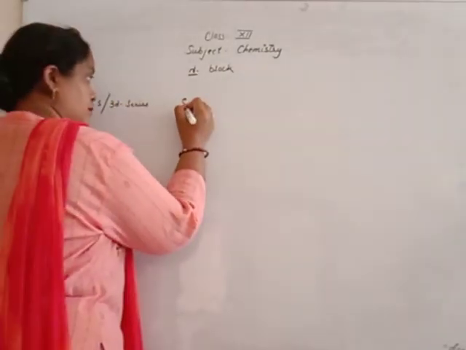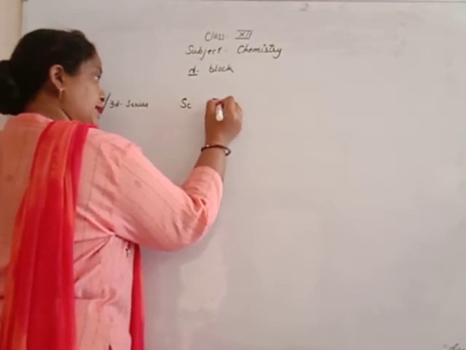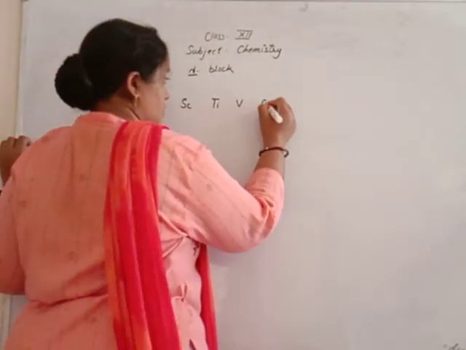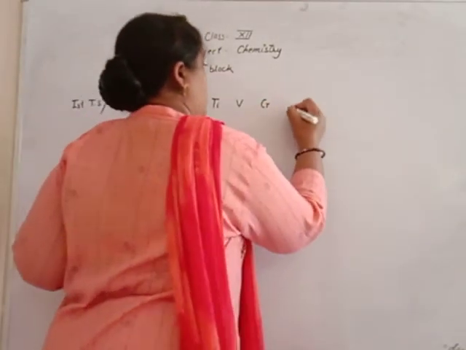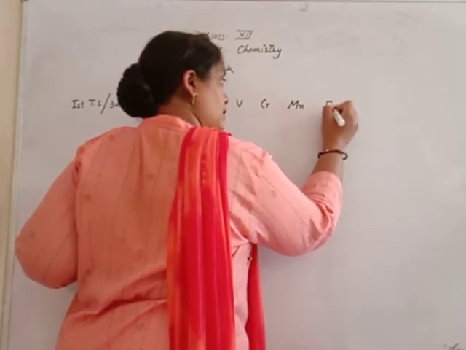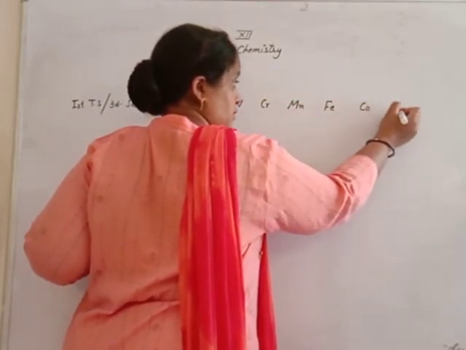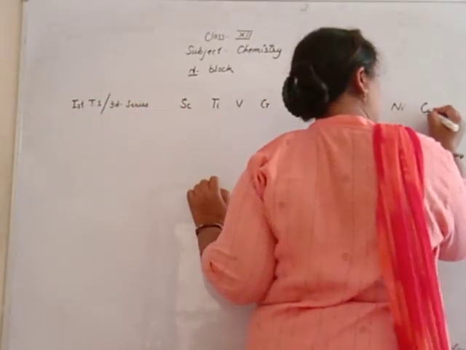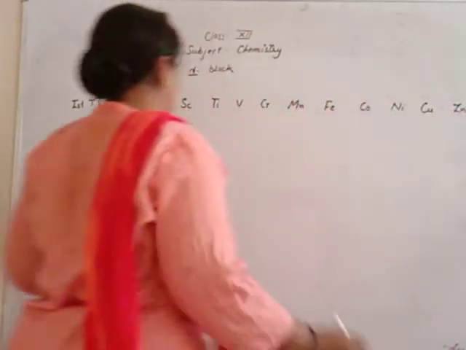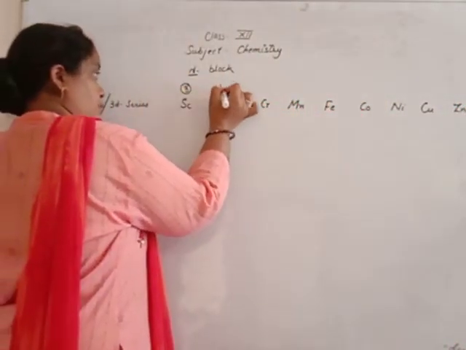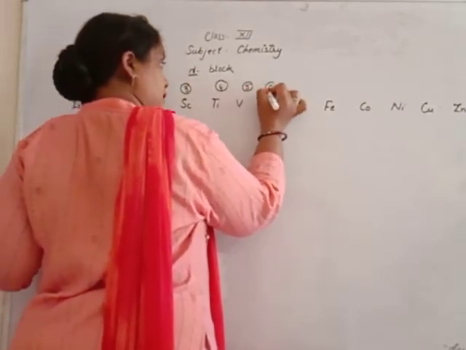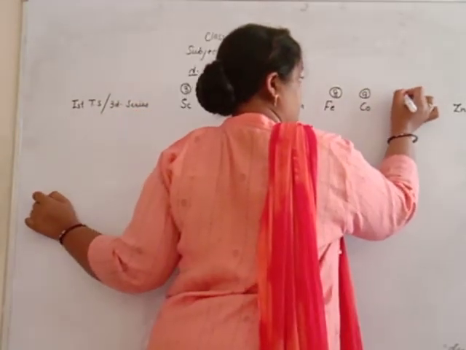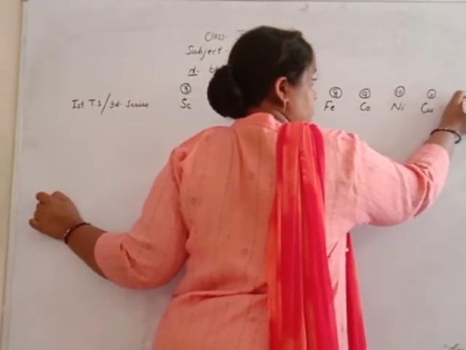The elements are scandium, titanium, vanadium, chromium, manganese, iron, cobalt, nickel, copper and zinc. Beta, they are in groups 3, 4, 5, 6, 7, 8, 9, 10, 11 and 12.